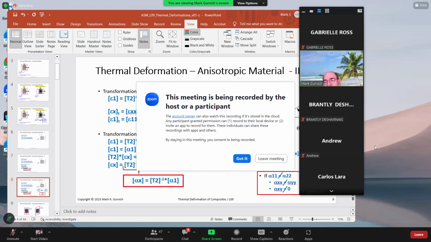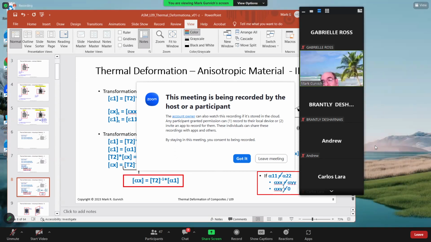In some cases we can fix it to have the same, but in general alpha sub xx would not be equal to alpha yy. And the second very important bullet is that we will have some kind of shear, because even if your original material has alpha 1,2 equal to 0, after rotation you will have shear. So it's pure math, and here we have a very simple proof for that.